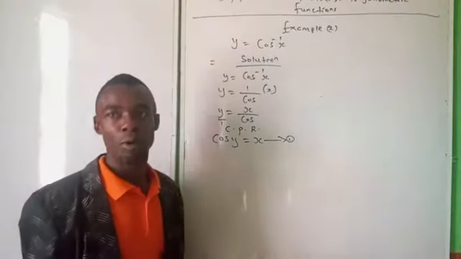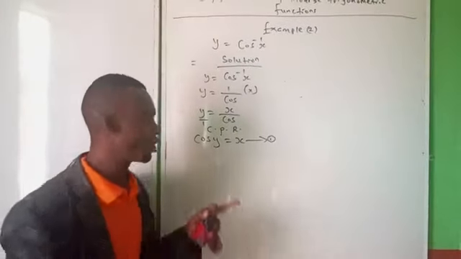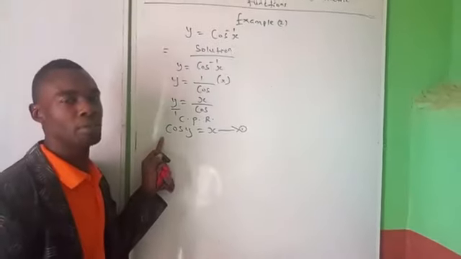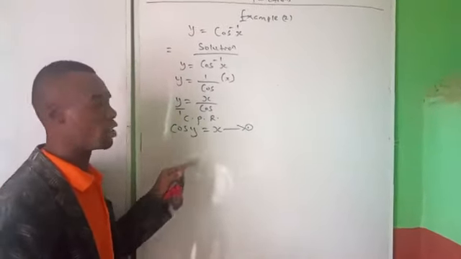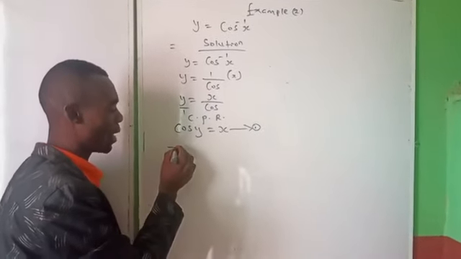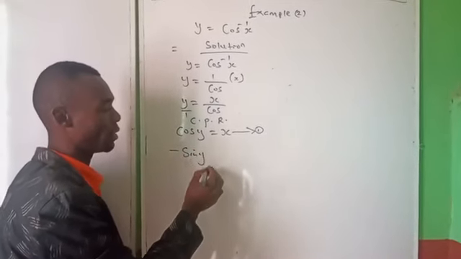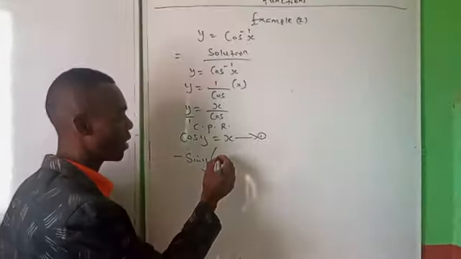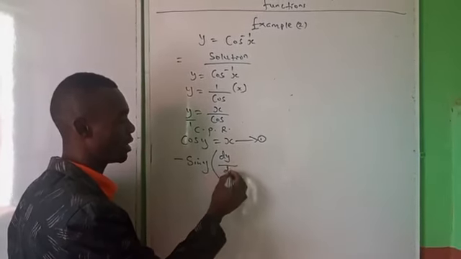Now we are going to be using what we call implicit differentiation to differentiate this. When we differentiate cos y, it gives us minus sine y. Since we are dealing with implicit differentiation, we are going to be having dy ds.